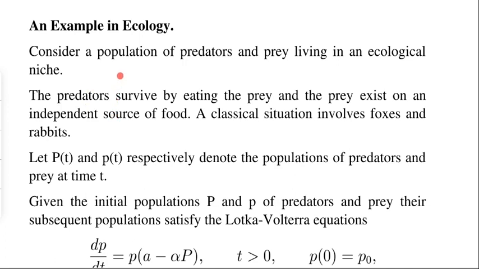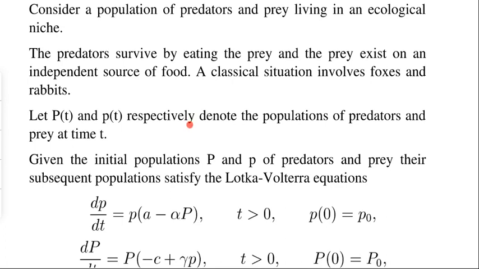We want to consider a population of predators and prey living in an ecological environment. The predators survive by eating the prey, and the prey exists on an independent source of food.